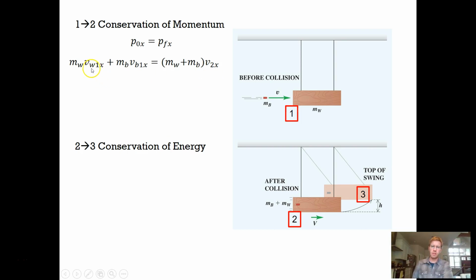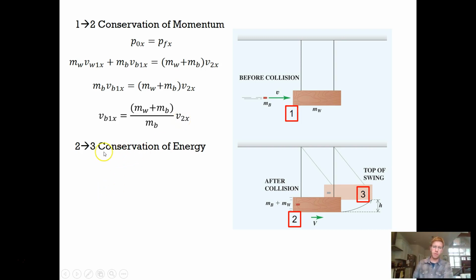So I notice the velocity of the wood initially at point 1 is just 0. So all I have is the momentum of the bullet equals the momentum of the two together afterwards. That's easy enough. Solving for the velocity of the bullet, it's just going to be the total mass over the mass of the bullet times this velocity at point 2. But we don't know what that velocity is, so we can't solve just yet.